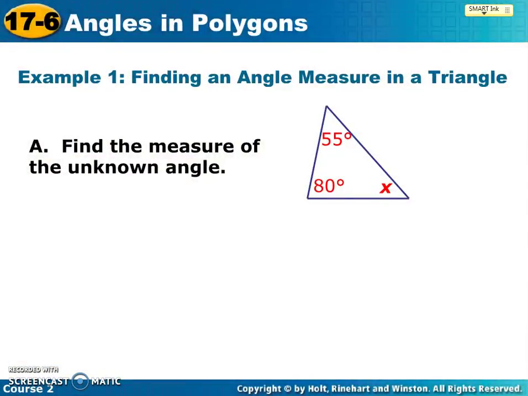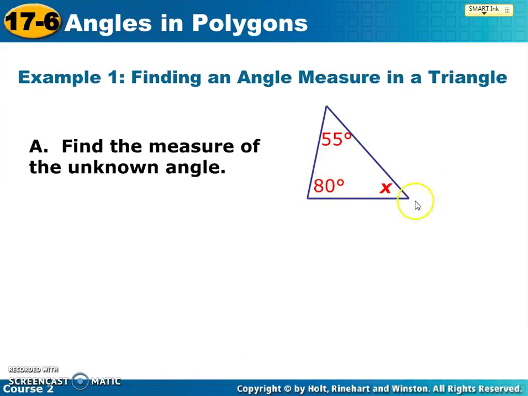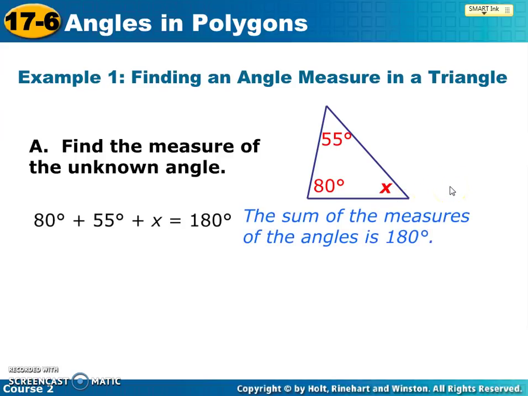So knowing that, I can find the measure of all the unknown angles. If I know that this angle 55 plus this angle 80 plus this angle x is equal to 180, all I have to do is write an equation: 80 plus 55 plus x equals 180.